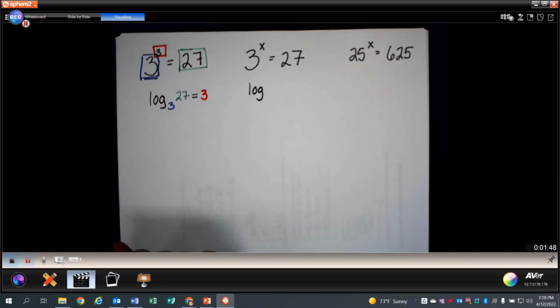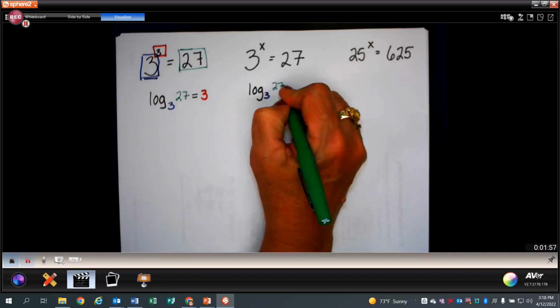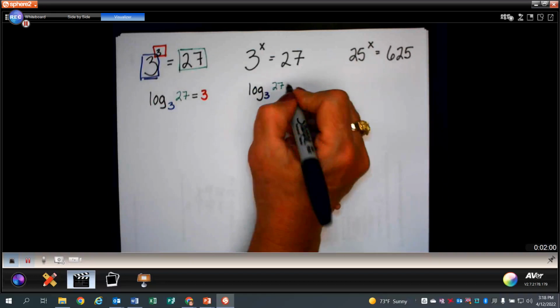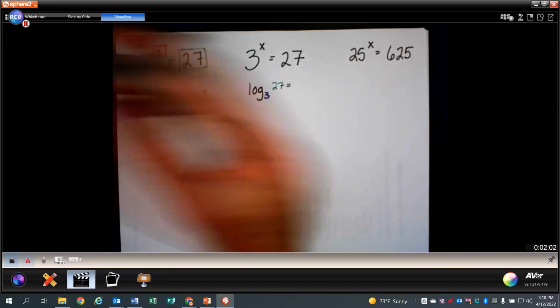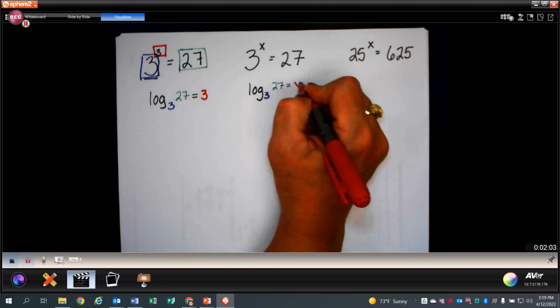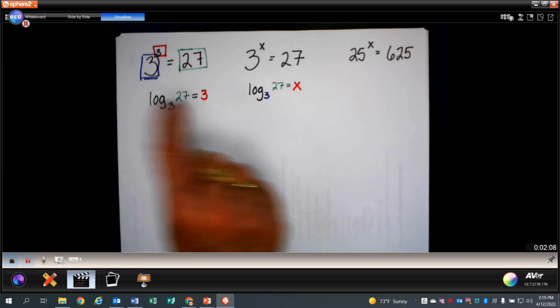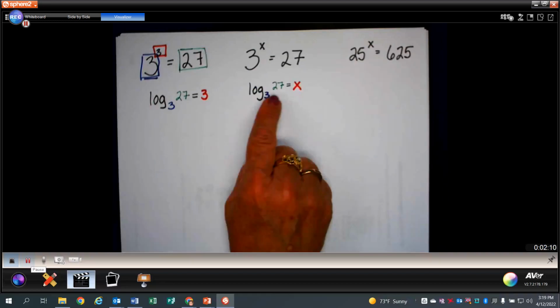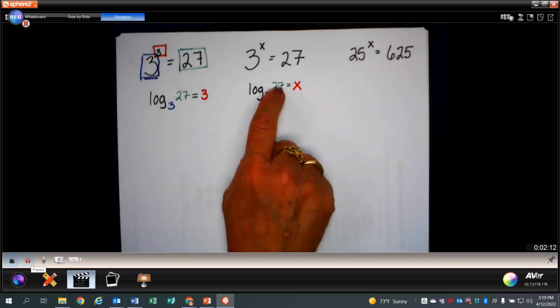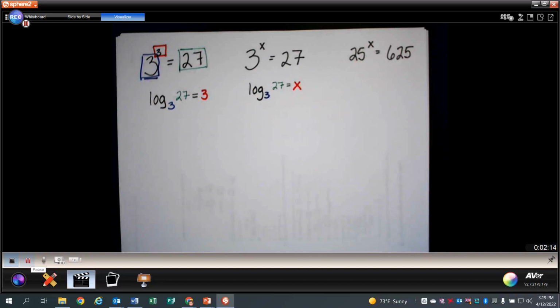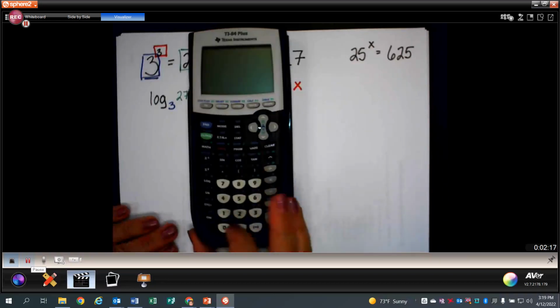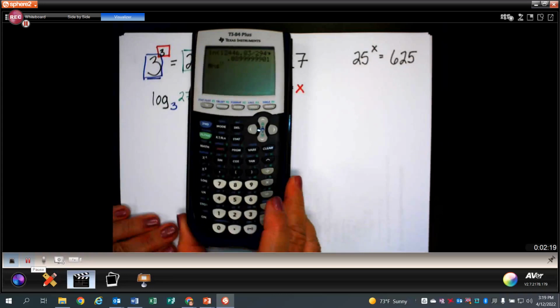So this is log base 3, the argument of the log is 27, equals, and this time we don't know the exponent, so we're going to solve for it. Because log base 3 of 27 is an actual number, we can go to the calculator to solve that. So let's turn my calculator on.